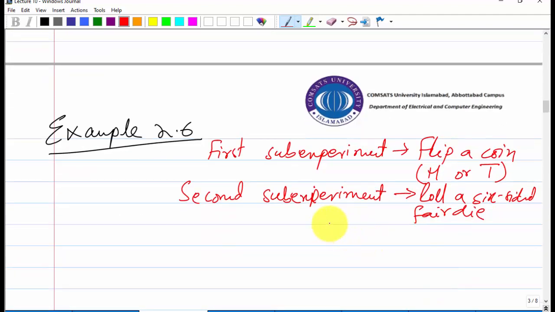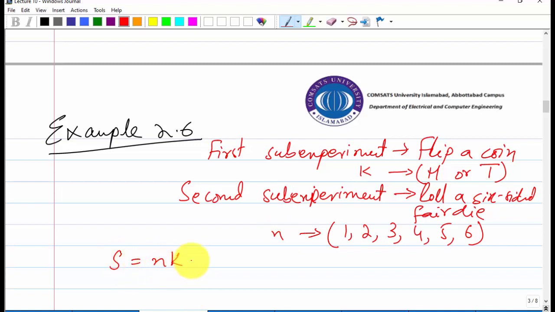Obviously, with a six-sided fair die, the possible outcomes will be 1 dot, 2 dots, 3 dots on the top face, 4 dots, 5 dots or 6 dots on the top face. Now if this has k outcomes and this has n outcomes, the total number of outcomes will be nk, which is 2 into 6 or 6 into 2, so it is 12 possible outcomes.